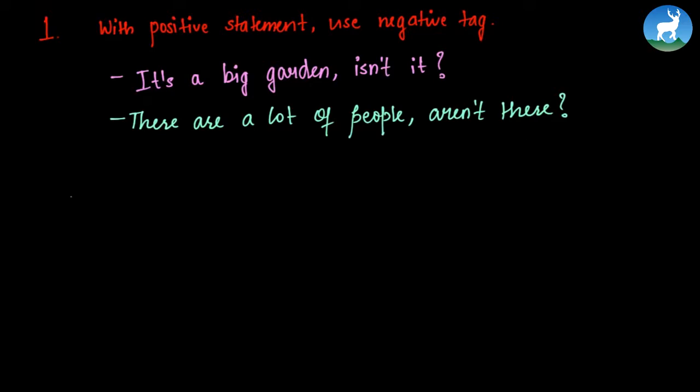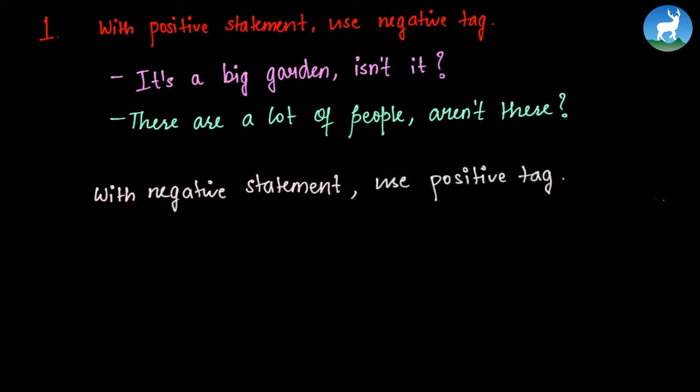So another rule, of course: with a positive statement, we use a negative tag; with negative statements, we use a positive tag. For example, he isn't coming, is he?